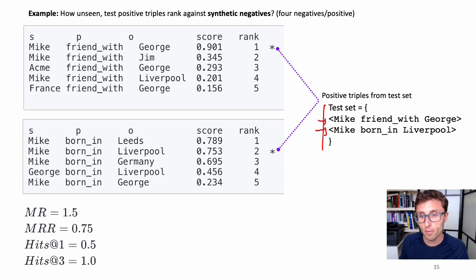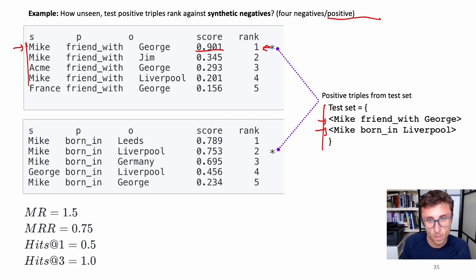We process each of them separately, and for each of them we generate 4 negatives. In this case, where the positive is Mike, friend with George, the model assigned a score which is the highest of the group. So the true positive is ranked first.